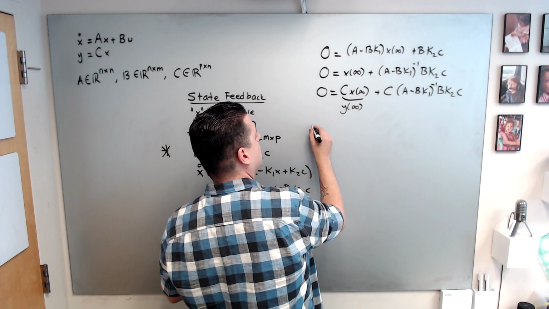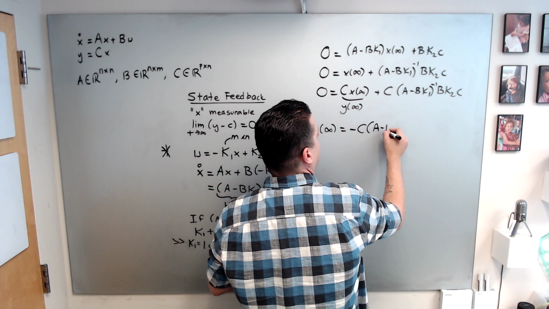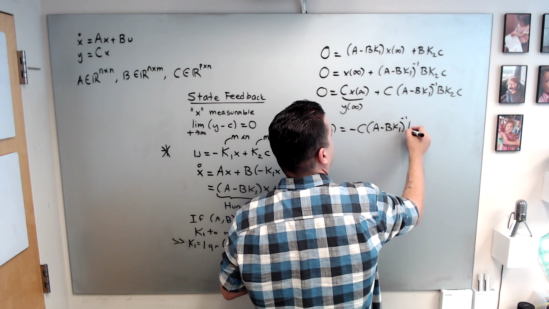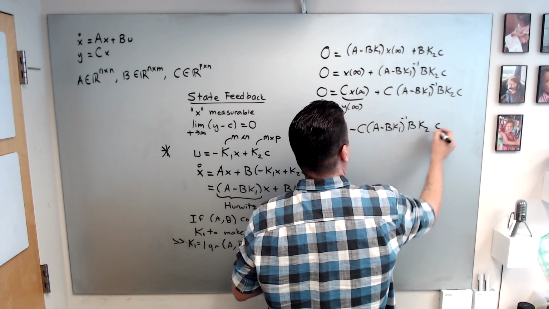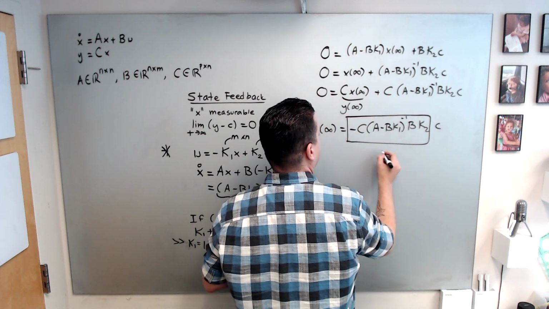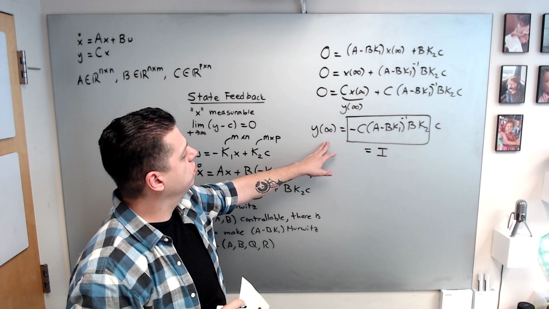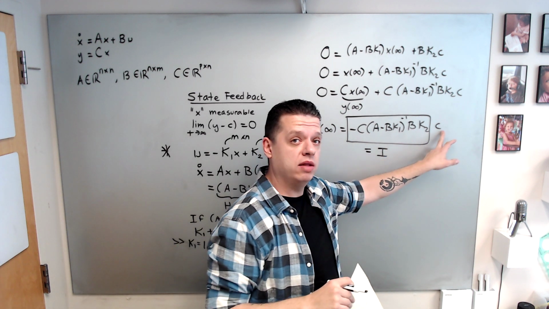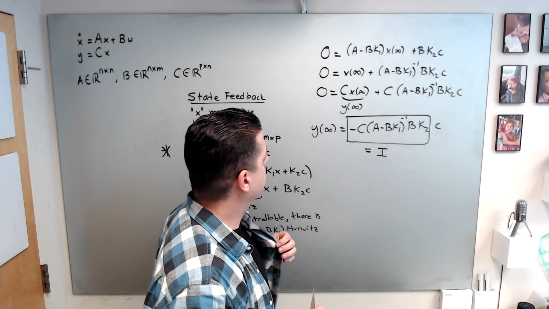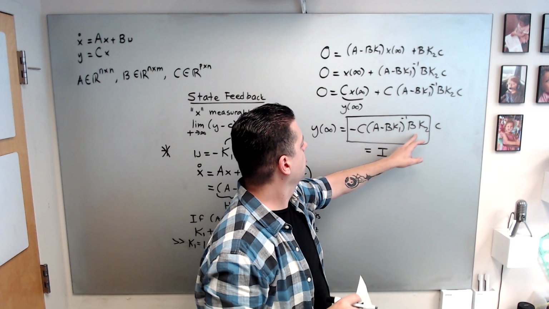Arranging things, you are going to have y infinity equals minus C A minus BK1 inverse BK2c. Now, if this is identity, then the output will converge to the applied command. So for this purpose, you choose K2 to make it identity.